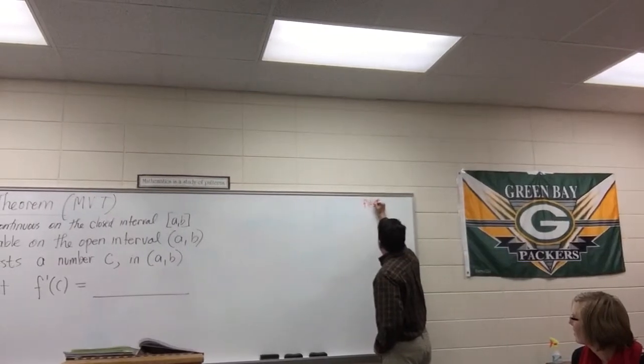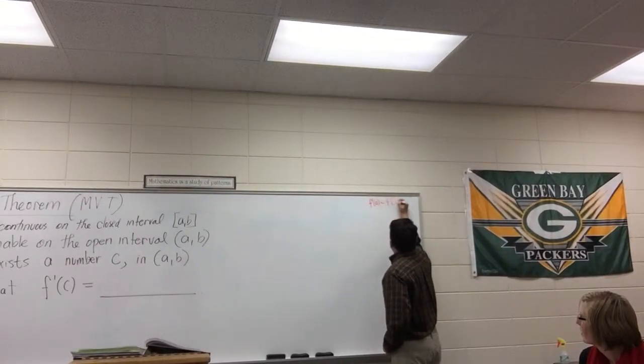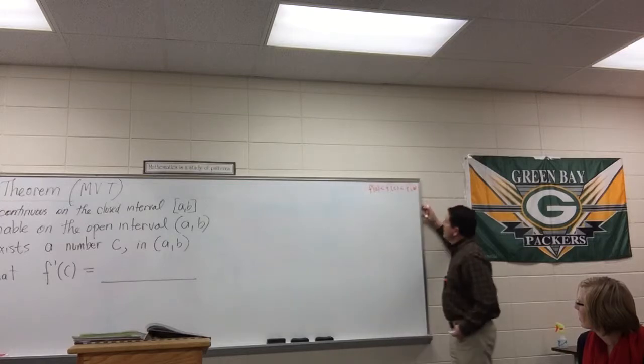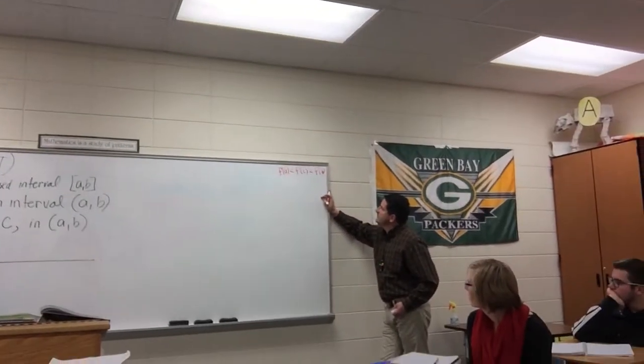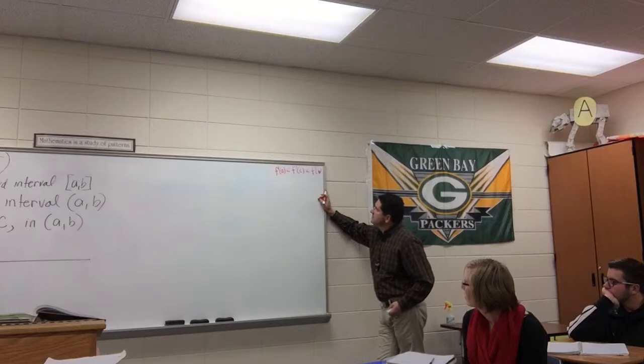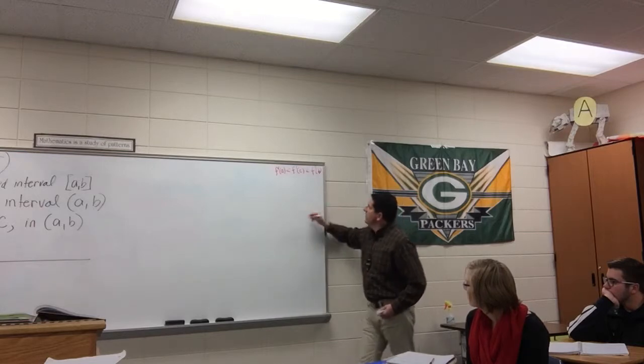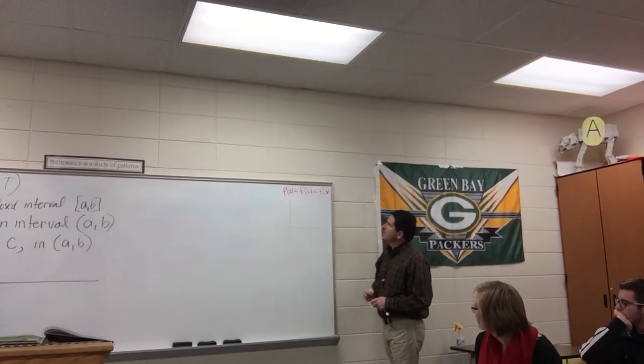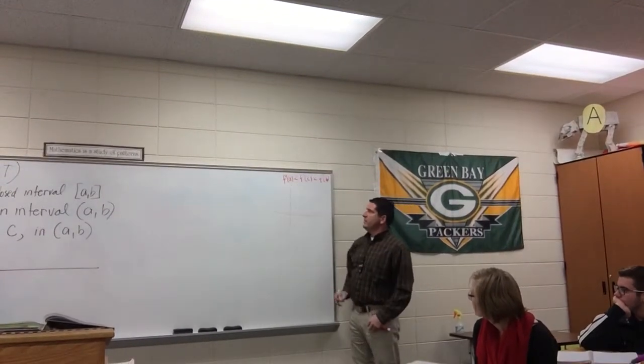F prime of A is less than f prime of C, which is less than f prime of B. I'm trying to think of a counterexample. Can we draw a function? So f prime of A is the smallest slope.